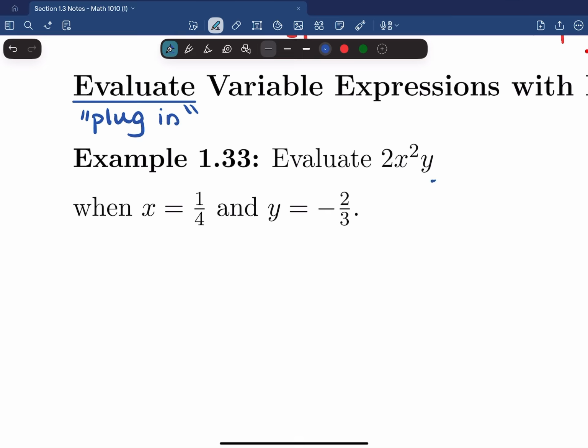Let's take this and plug in the given values in their appropriate places. So I have 2 times x, which is 1/4, squared times y, which is -2/3.